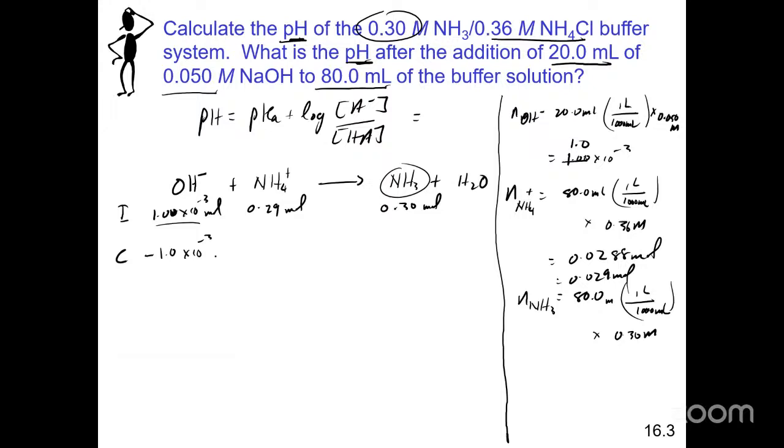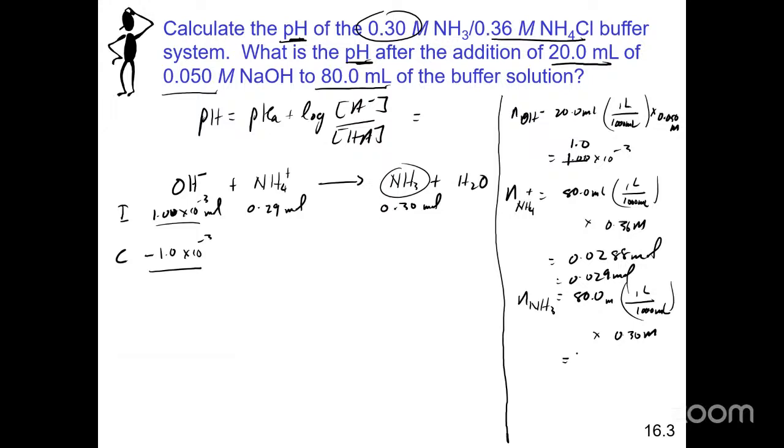Okay. So as I was saying, the change here is minus 1.0 times 10 to the minus, yes, sir. Still gotta calculate the moles for the NH3. Right, oh, that's the reason why, okay. So 80 divided by 1,000. That's the reason why I put 0.30 there. Multiplied by 0.3.